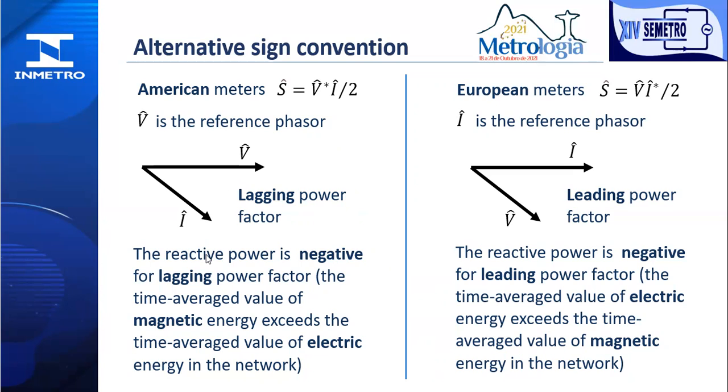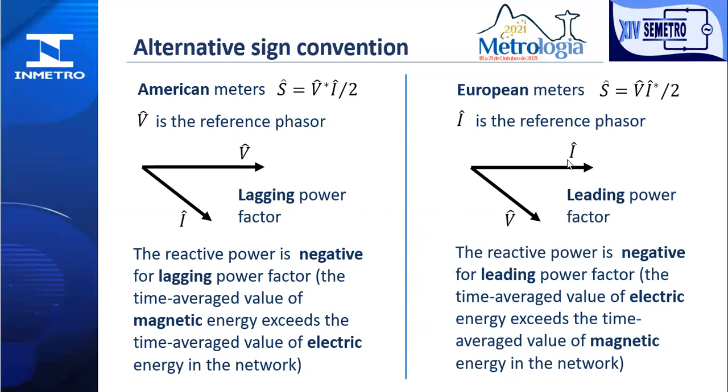The reactive power is negative for lagging power factor. The time averaged value of the magnetic energy exceeds the time averaged value of the electric energy in the network. In contrast, European meters use this convention, where I is the reference phasor.